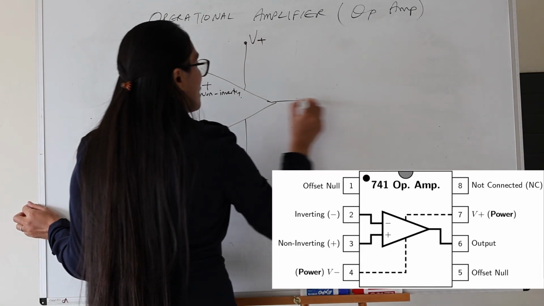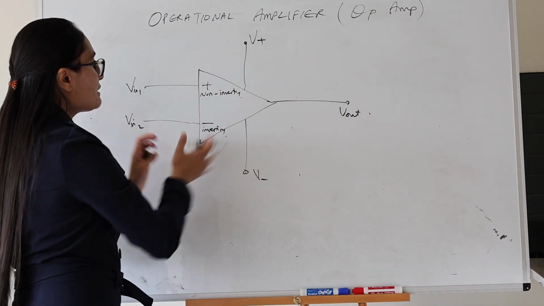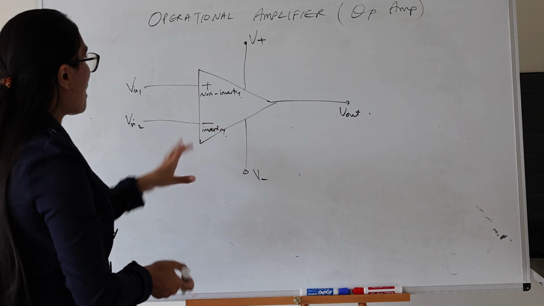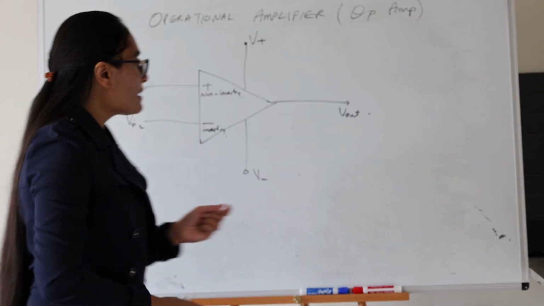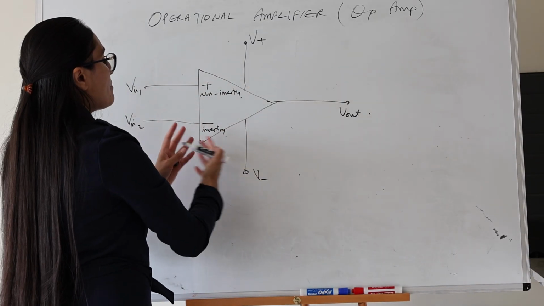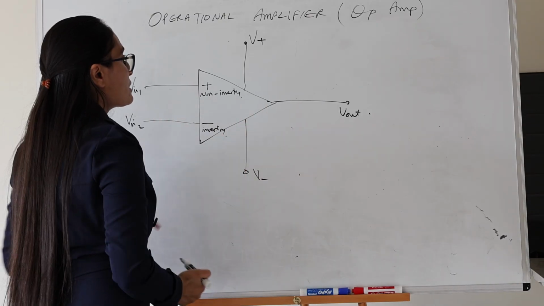And then we have an output that we take from this terminal. So this is the symbol of the operational amplifier, and as we have mentioned before, inside this you have a lot of simple individual electrical components that make up this chip.